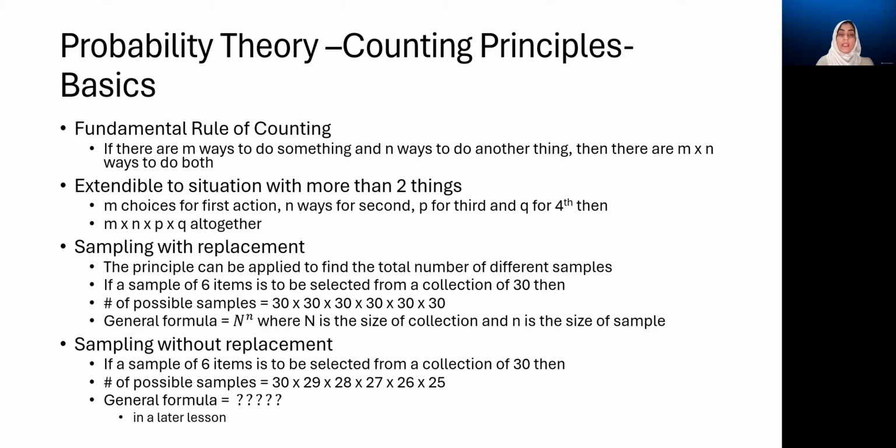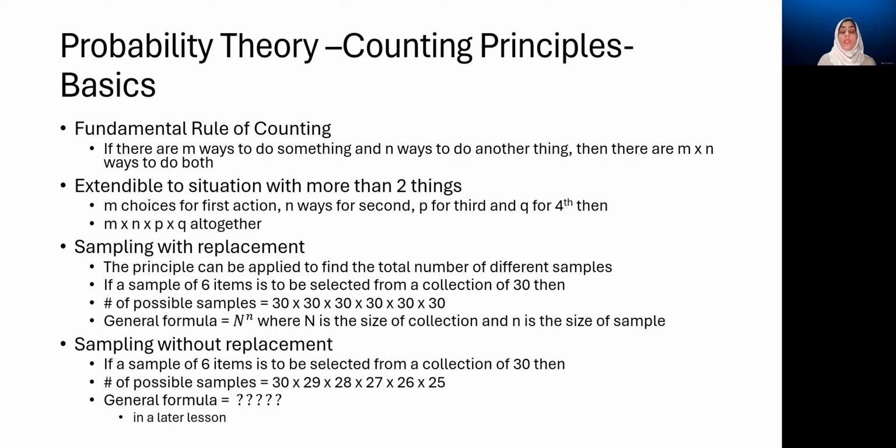So if the sample size is 6, which we have to select from a collection of 30, then the number of possible distinct samples that we can make is 30 times 30 times 30 times, 6 times in total. Why is this so? It is because the first time when you need to select things, you have 30 different options to choose from. For the second item that you have to choose, again, you have 30 different options.